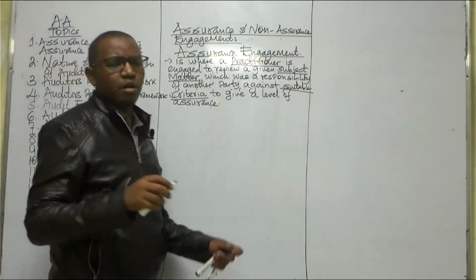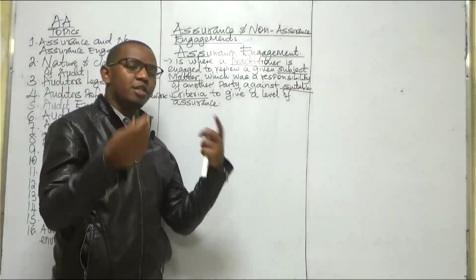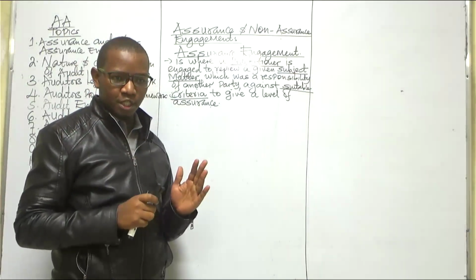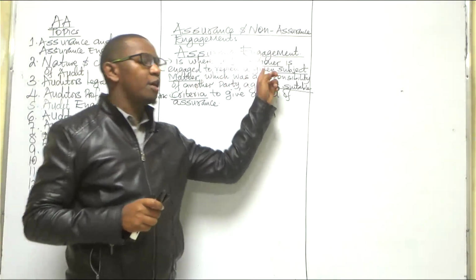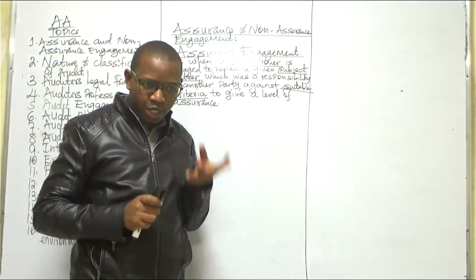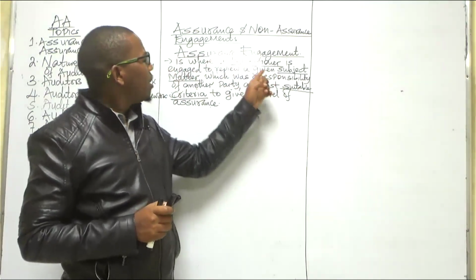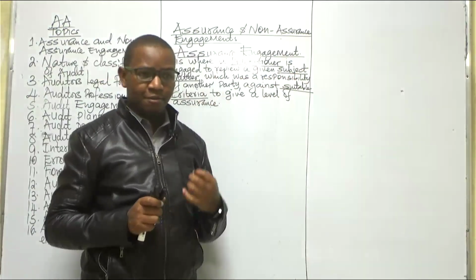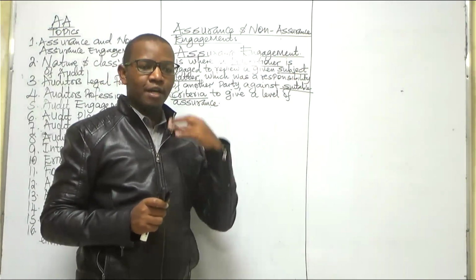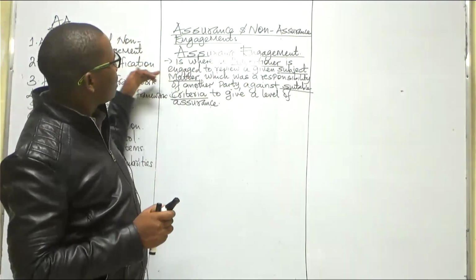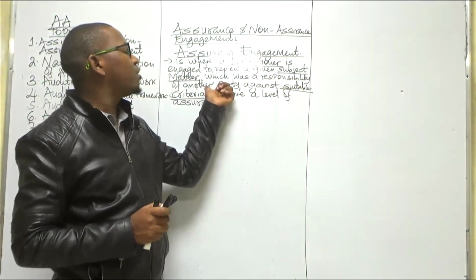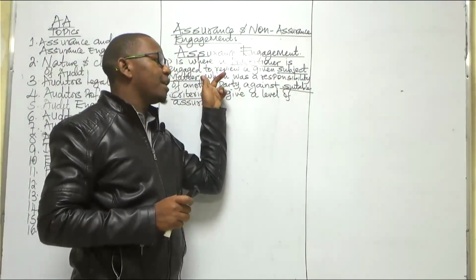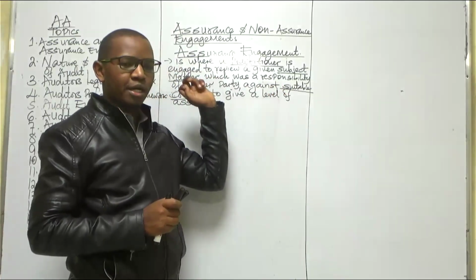Auditing is an assurance engagement, and I want to relate it with auditing here. When I talk of a practitioner, we are talking about the auditor. An auditor is engaged to review a given subject matter. The subject matter here is the financial statement, which is the responsibility of another party, the accountant. So the auditor is reviewing the financial statement against suitable criteria.